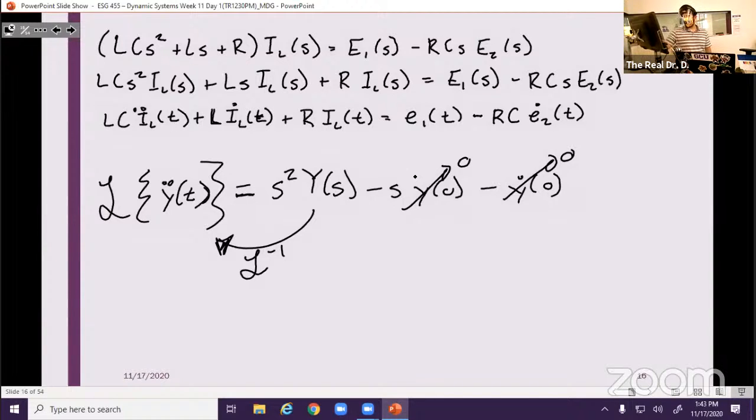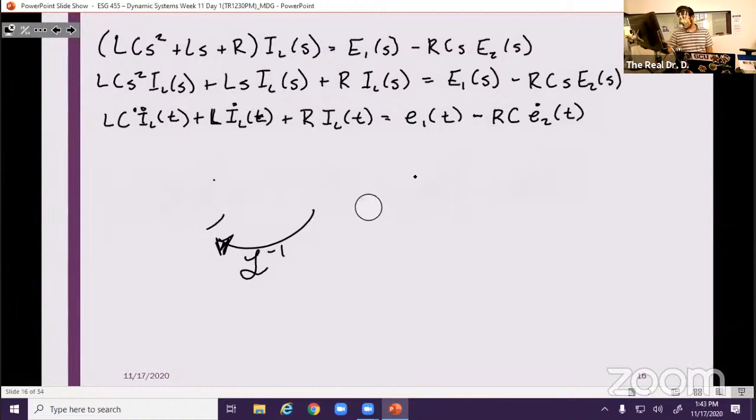Let's talk about the transfer function. What if I wanted the transfer function here? How would I find it? Well, how many transfer functions are there in this system? Let's start there. What do you guys remember about the number of transfer functions? We haven't talked a lot about it. Definitely have mentioned it though.